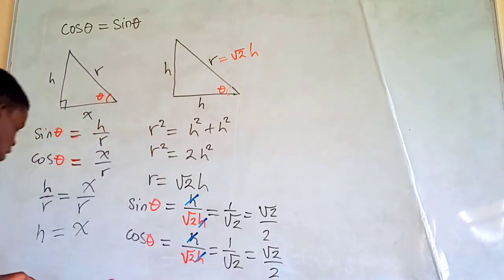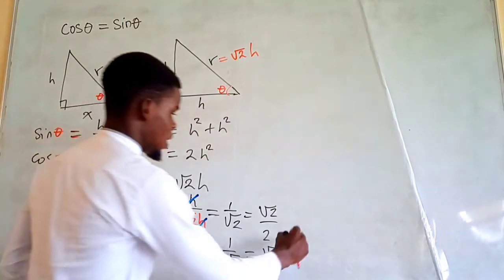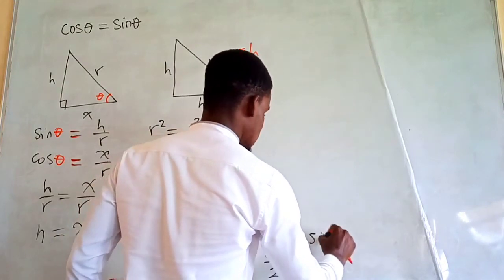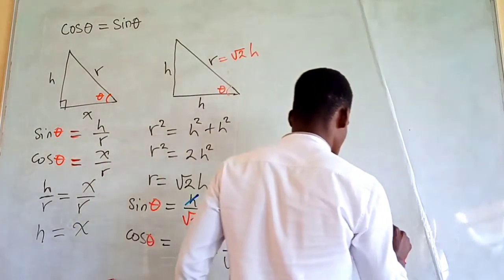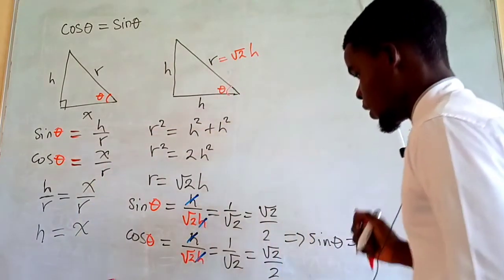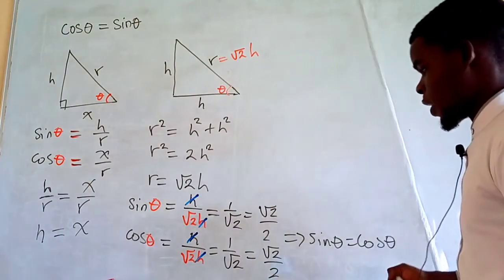And of course, that implies that sine theta is equal to cosine theta. That makes a lot of sense, alright?